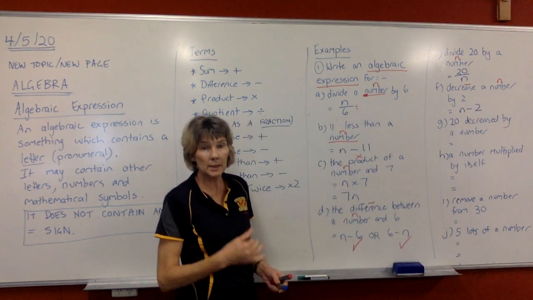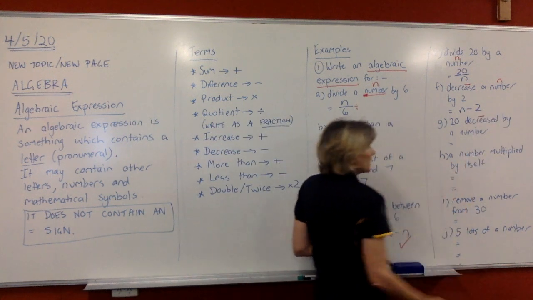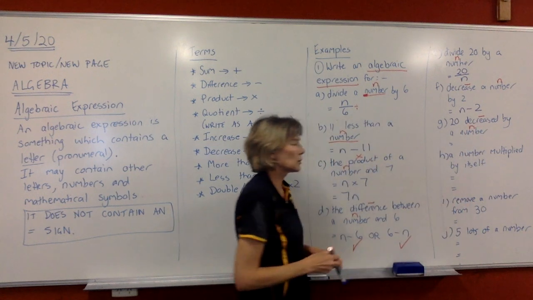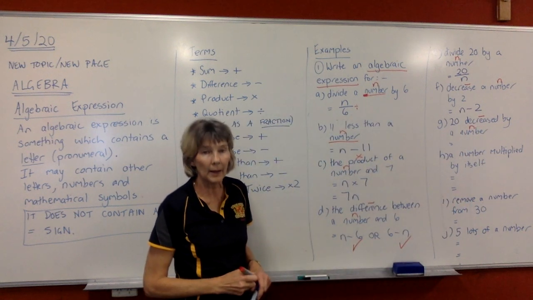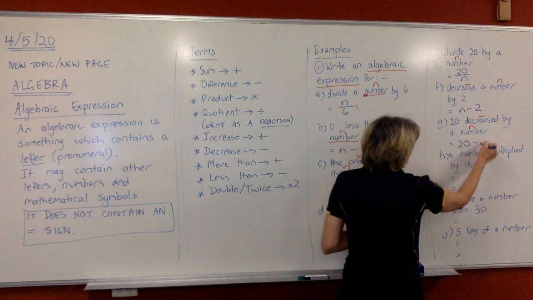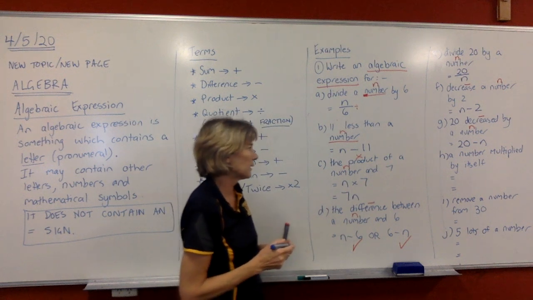The next one says 20 decreased by a number. Decreased means we're subtracting. The number is n. So 20 decreased by n is 20 minus n. So make sure you're looking at them in the correct order of how they're writing it.